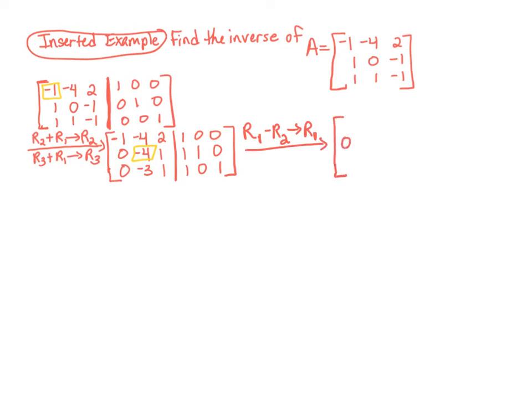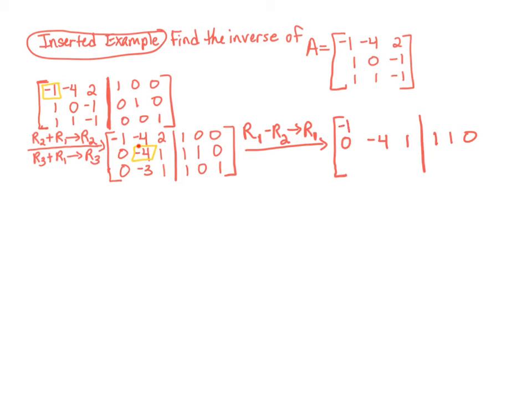So we're going to have 0, negative 4, 1, 1, 1, 0. And then our row 1 is going to change. So we're going to have negative 1 minus 0 is what? Negative 1. Good.